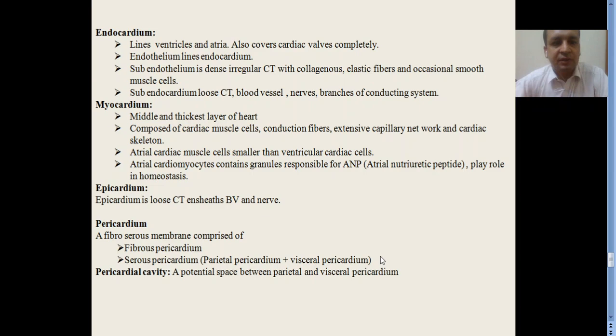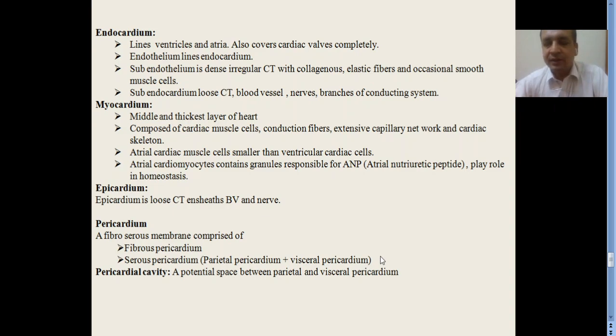So these things are present in the subendocardium region, and that type of connective tissue present on the outer surface of the endothelium is called the subendocardium connective tissue or subendocardium layer.